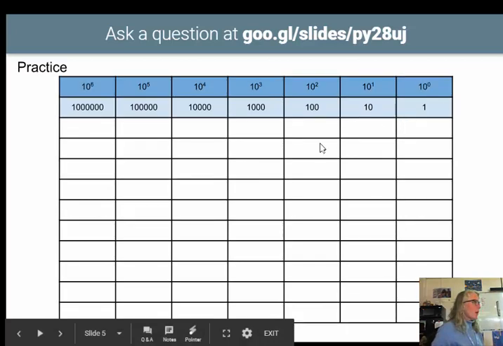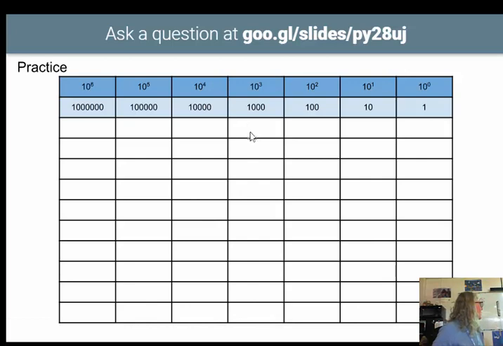So if I say in this practice slide, everybody look up here, this is how we're doing this. If I say I want a 2 in this column, a 0 in this column, a 1 in this column, and an 8 in this column, we all know what number that is, but here's why.